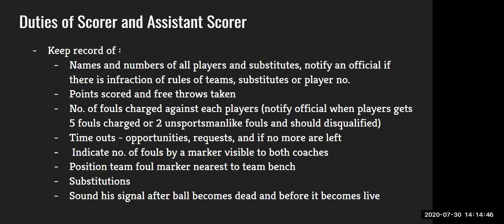He also has to notify an official if there's any infraction of rules by a team. So if he thinks a team has broken some rules, he has to notify an official. That is in terms of numbers and stuff, like if by mistake two players of a team have the same number, stuff like that.